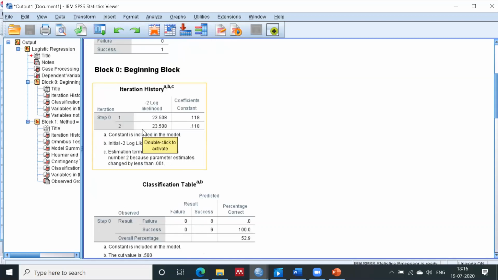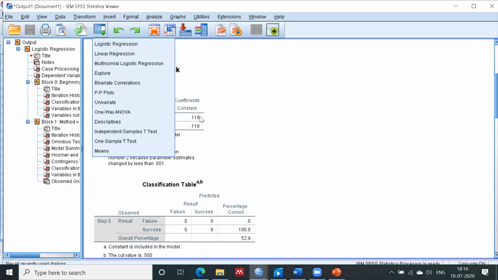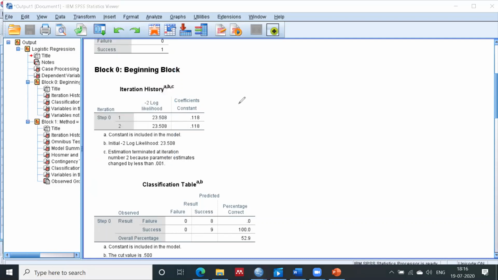Now the important part is this one, block 0, the beginning block, right? Before going to the interpretation of this particular analysis, let's assume a case, some situation here.